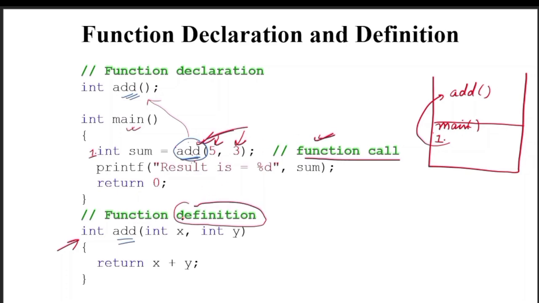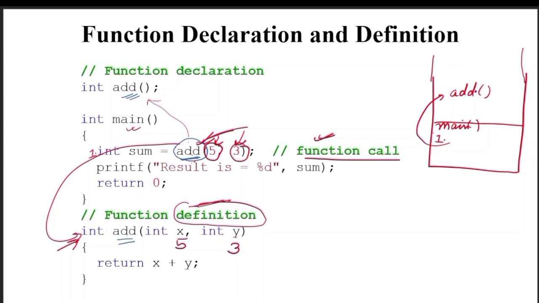Here you are calling the function. Here you have defined this function, what this function is going to perform. So when the control is transferred over here, what is it performing? int add(int x, int y). So what is the parameter list? x and y. So these values 5 and 3 are given to x and y. Now when the control came to the add function, a new memory is allocated in your computer.